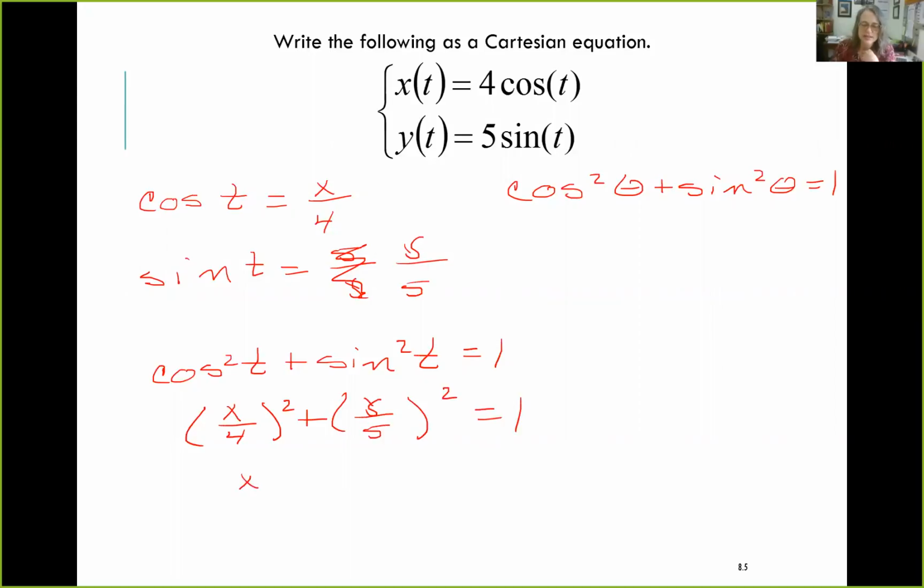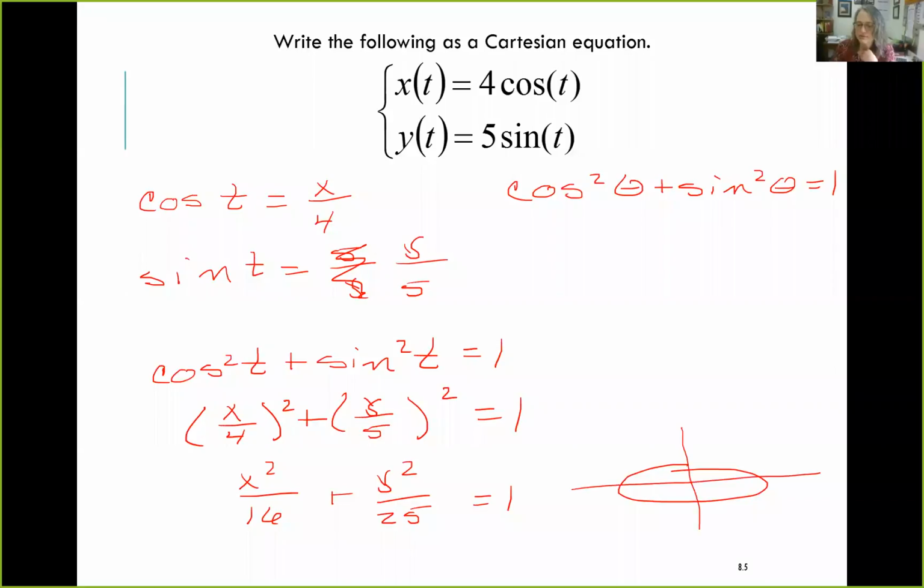Or we can write that as x squared over 16 plus y squared over 25 equals 1. This equation actually describes an ellipse in space centered at the origin. And we'll talk more about the shape of that ellipse in the next section.